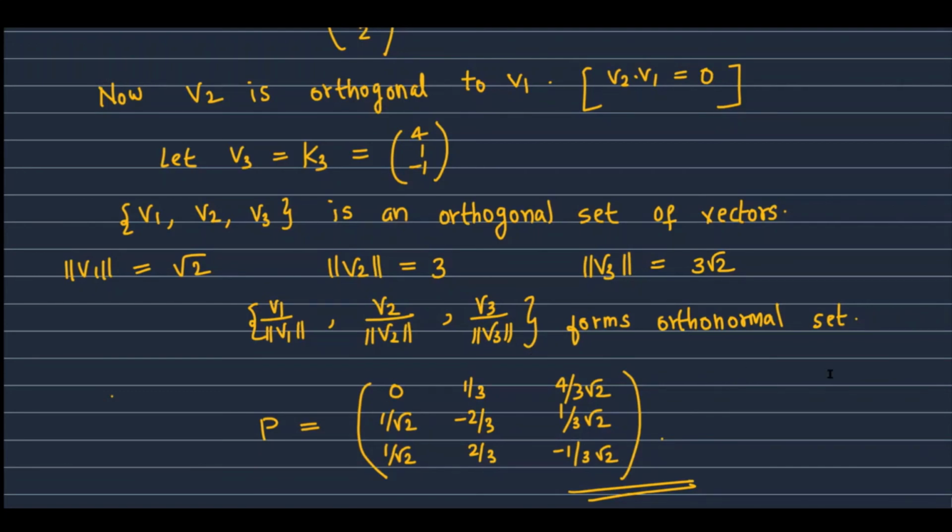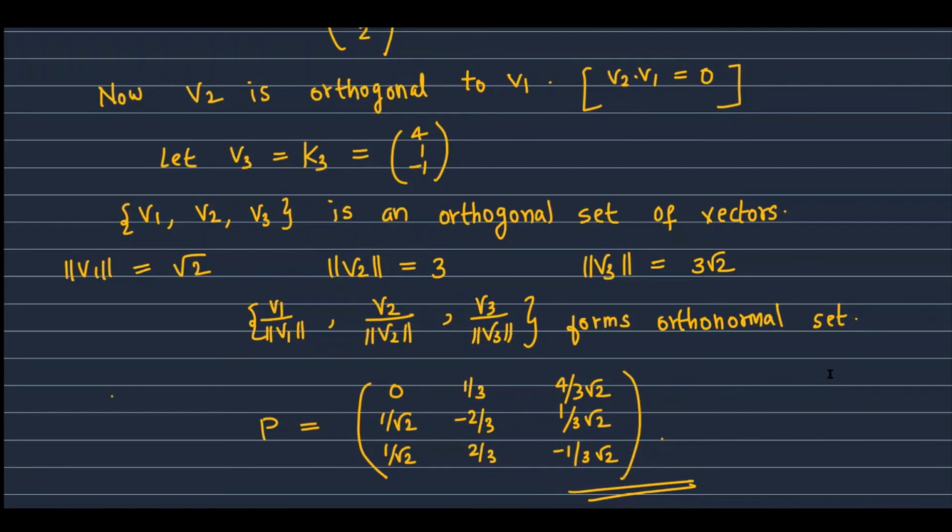Now we can write the orthogonal matrix. So from a given matrix A, we have constructed an orthogonal matrix P, and P is 0, 1 by root 2, 1 by root 2, 1 by 3, minus 2 by 3, 2 by 3, 4 by 3 root 2, 1 by 3 root 2, minus 1 by 3 root 2. So in this way we can find the values.